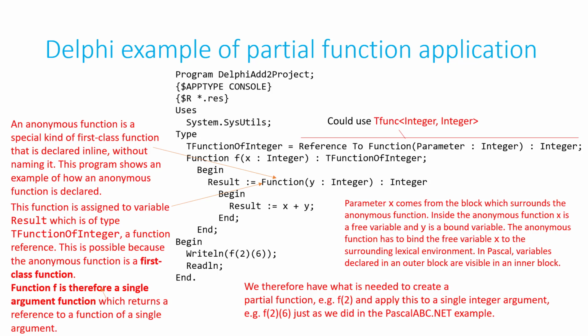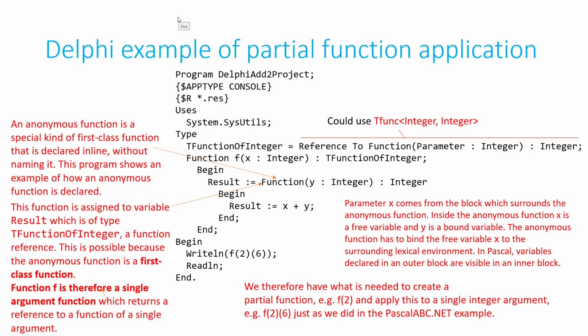And 6, because we're now running this function, is bound to y here, and therefore this y here is replaced by 6. So we have 2 plus 6, which is the result 8. And because this function returns an integer result, we can supply it as an argument to WriteLine, so that WriteLine can write the result out to the screen.